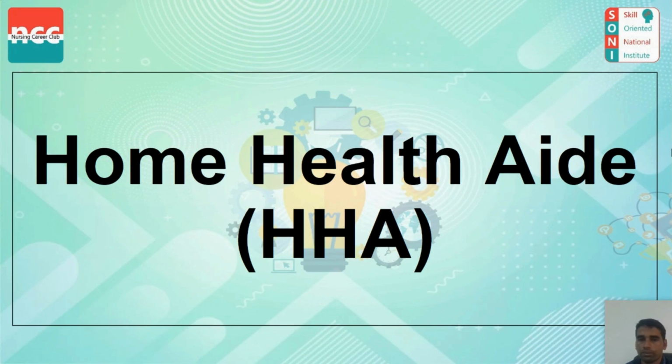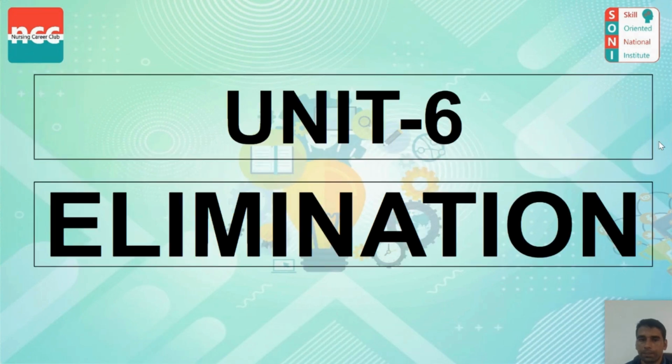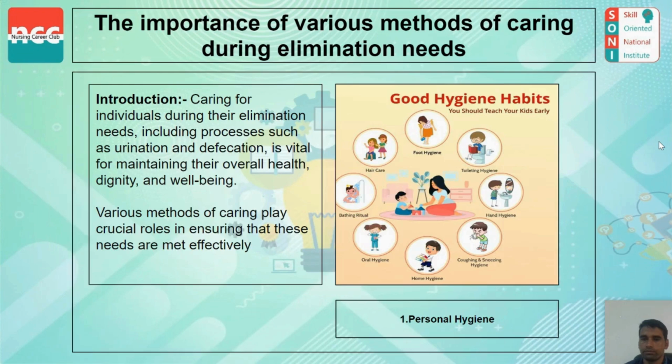Today we will discuss home health aide, Unit 6, Elimination. The importance of various methods of caring during elimination needs. Caring for individuals during their elimination needs, including procedures such as urination and defecation, is vital for maintaining their overall health, dignity, and well-being.